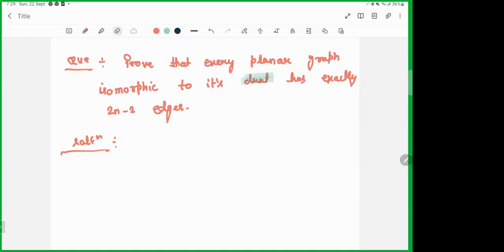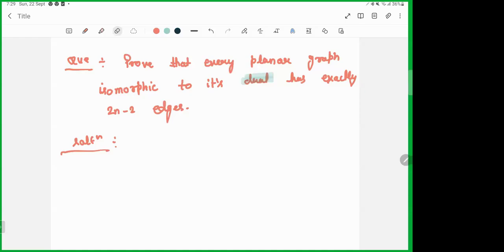Okay, so this comes from the bound that we put on the planar graph before, 3n minus 6. So you want to say the cardinality of edges is less than 3n minus 6? Let's say we have this many edges.